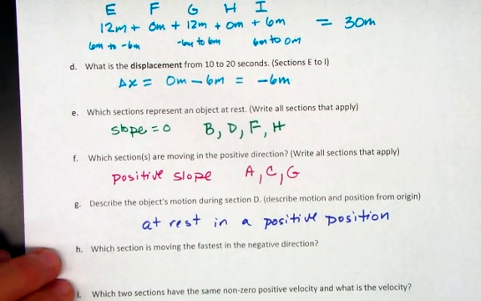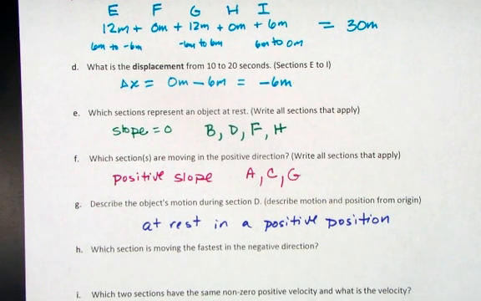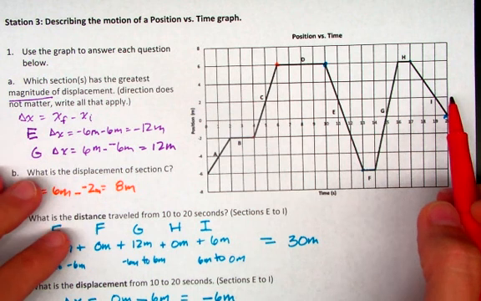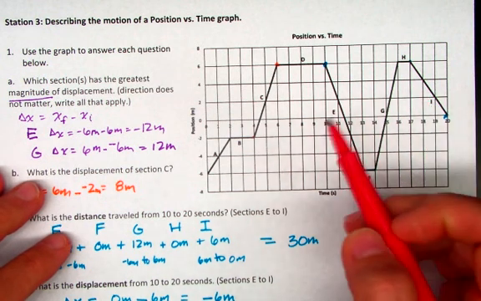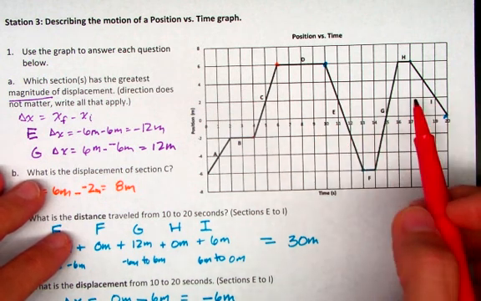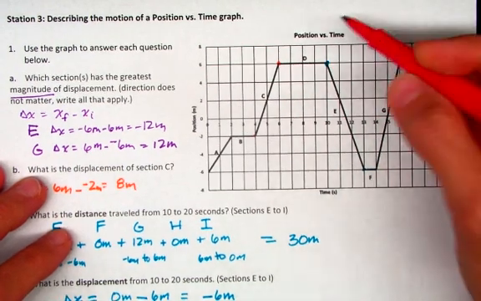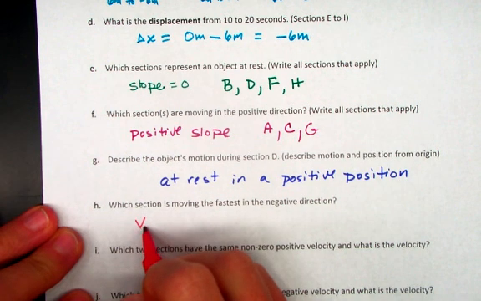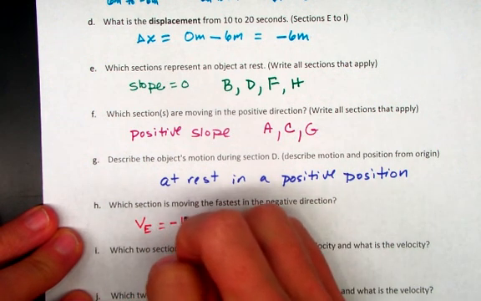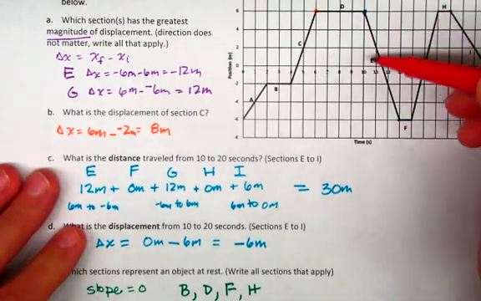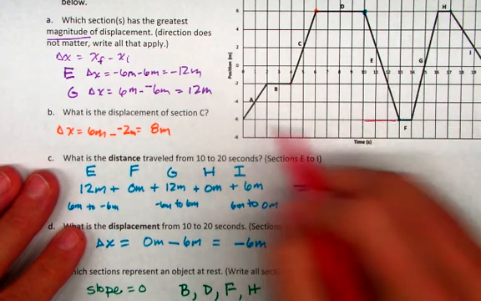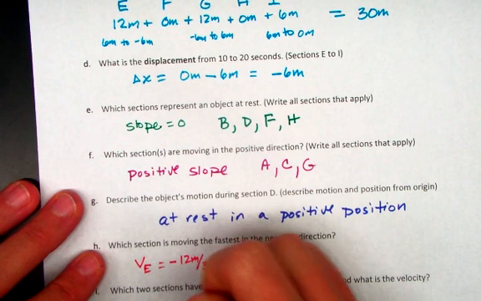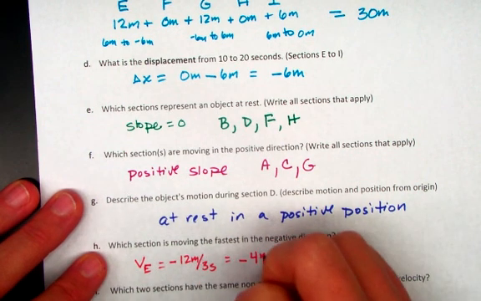Okay, which section is moving fast in the negative direction? Well, we only have 2 negative directions: E and I. To know which one's moving the fastest, we have to take a look at the velocity during that time. For E, my change of position was -12, as we calculated. That 12 meters happens during 3 seconds, from 10 to 13, so we're going negative 4 meters per second.